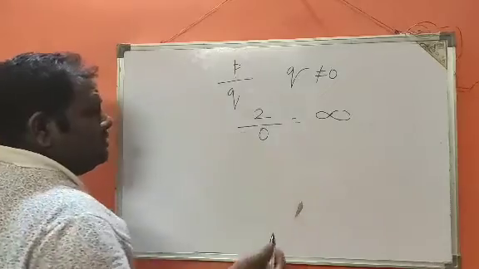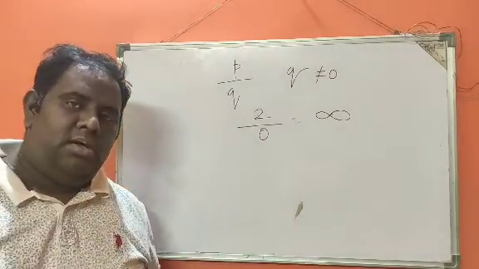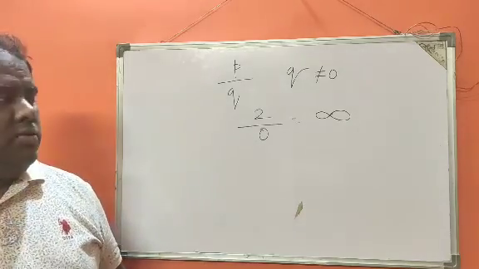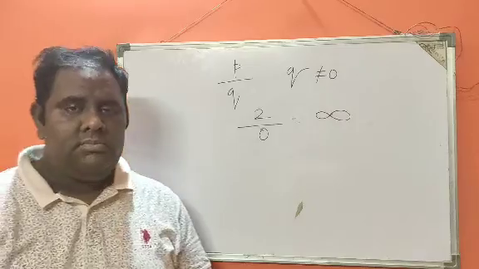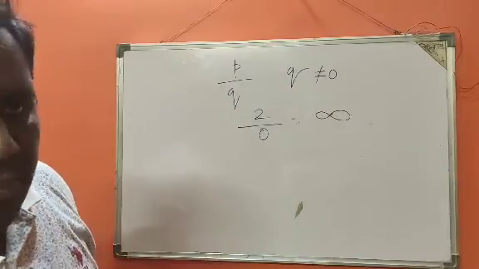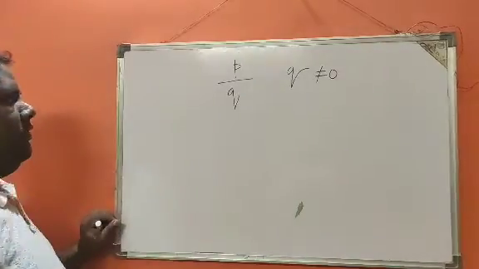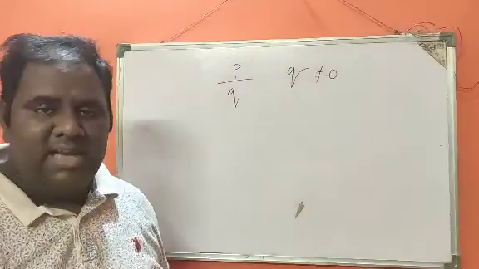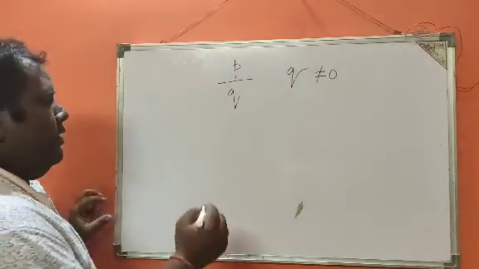So if the number is not defined, then how can we say whether it is a rational number or an irrational number? So for that purpose, q must be a non-zero number. Understand?